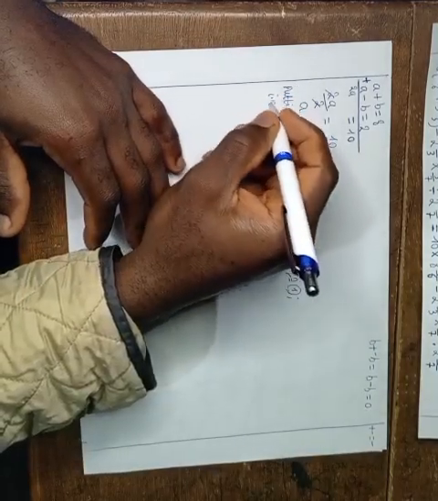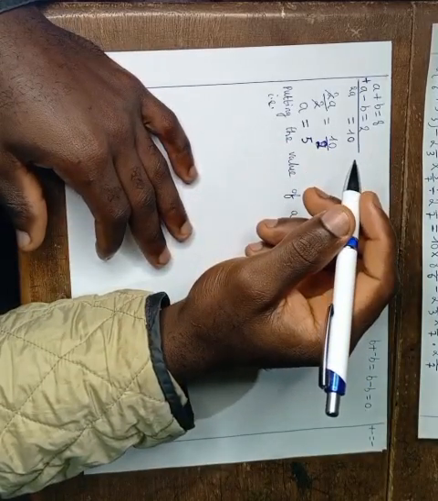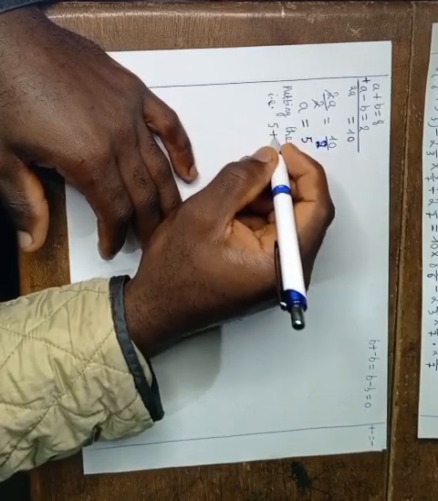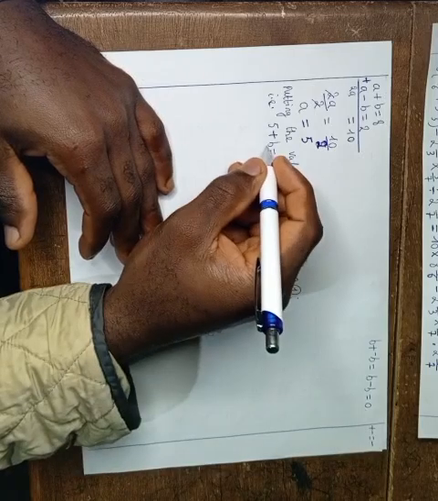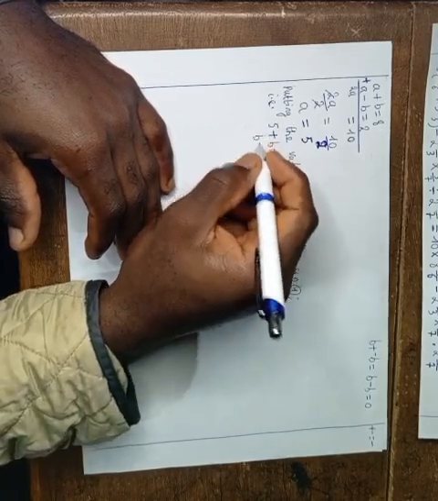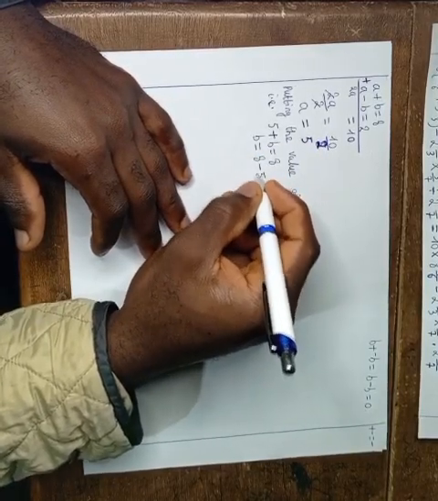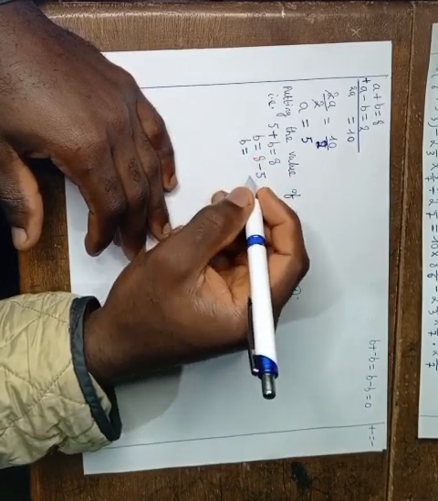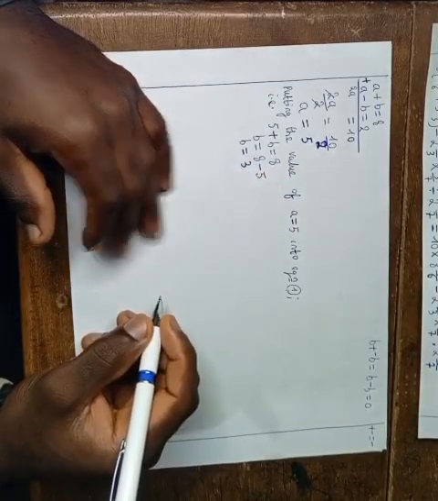In equation 1, anywhere we see A, we are going to replace A with 5. So this will give us 5 plus B is equal to 8. Next step, we need to make B the subject of the formula by transferring 5 to the right hand side. This will give us B to be equal to 8. When 5 crosses the equal to sign, it becomes negative. This will give us B to be equal to 8 minus 5. 8 minus 5 gives us 3. So that's the value of B.